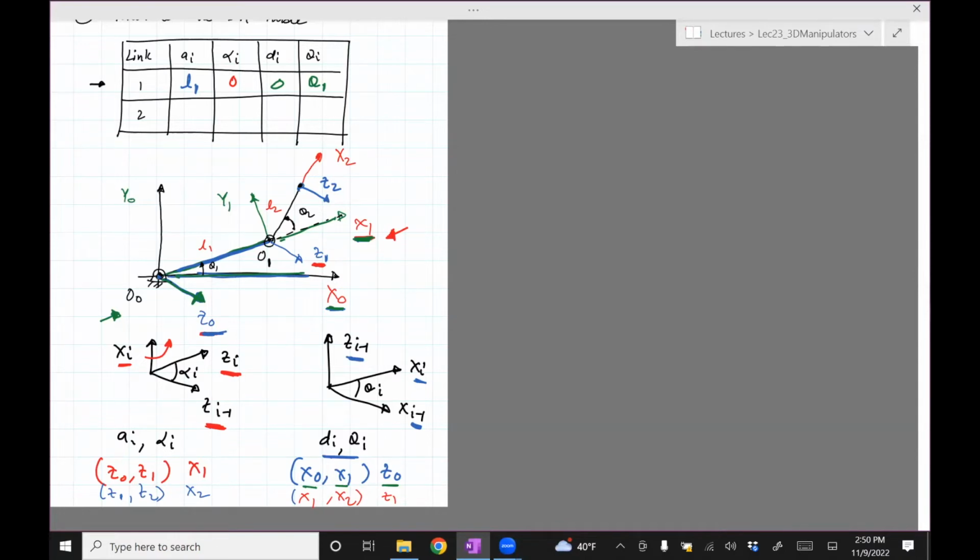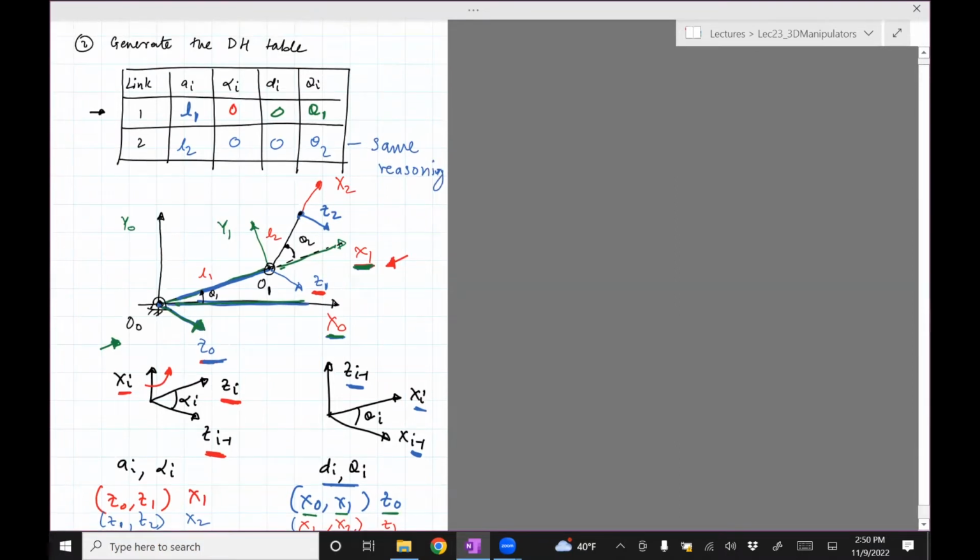It would be repetition. So what you'll end up with is L2, 0, 0, theta 2. Okay, there's nothing new here, so I'm not really going through this. So that is our DH table, and these two steps are the hardest ones.